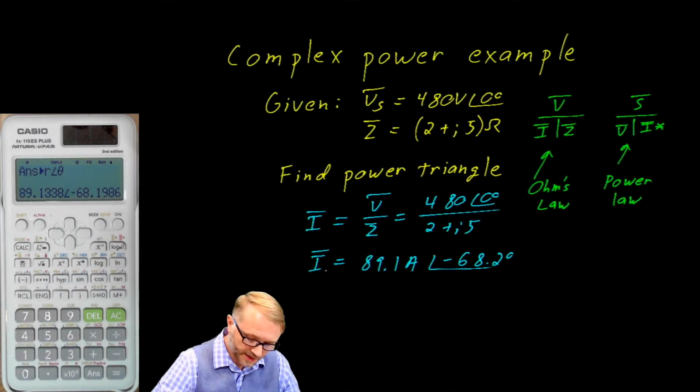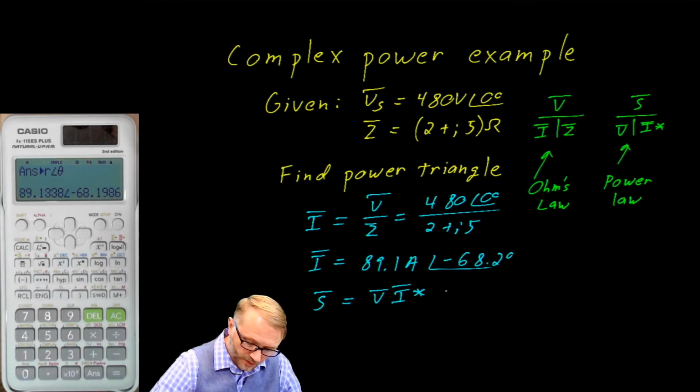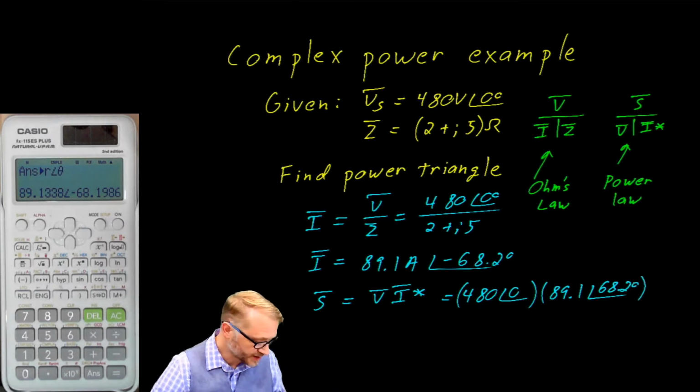Next, we calculate the complex power. Complex power is equal to the voltage vector times the complex conjugate of the current. The voltage in this case is 480, angle 0, and the complex conjugate of the current is 89.1 at a phase angle of 68.2 degrees. Do be careful.